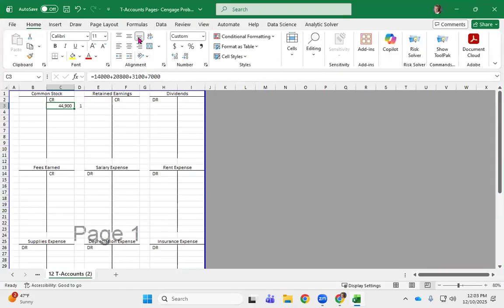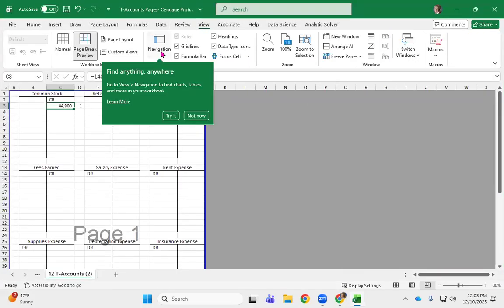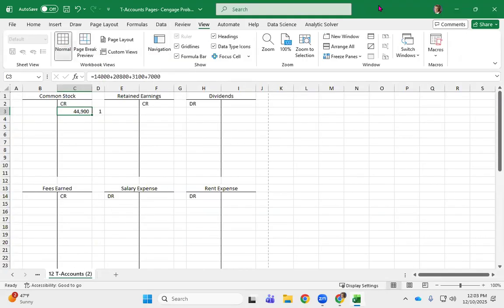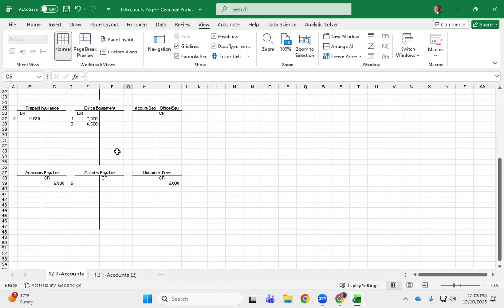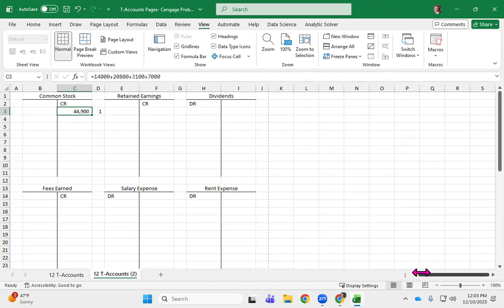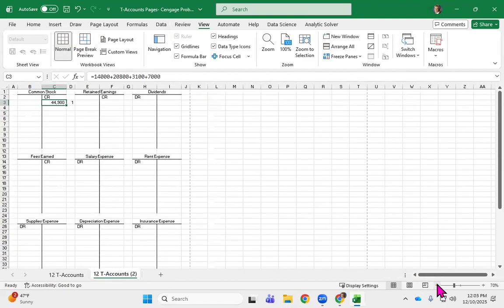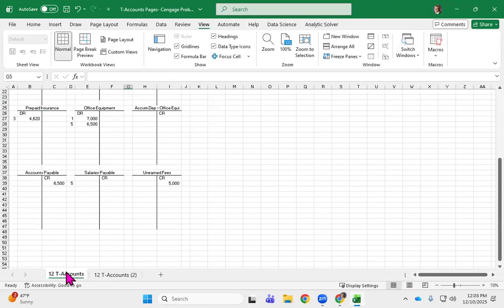I want to try something. I'm going to try that to view normal. I'm going to make this a little bit smaller so that we can see it. I've got this one on 70 and this one on 70.